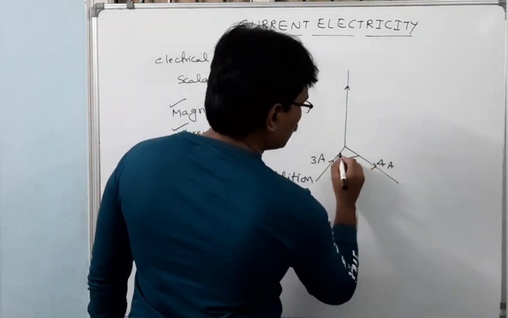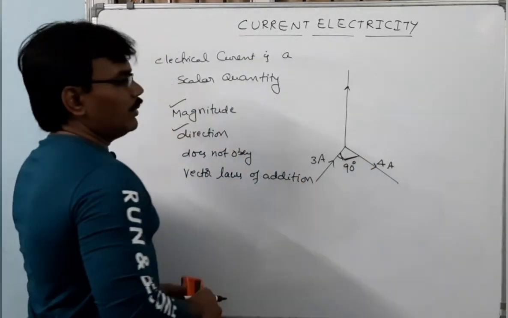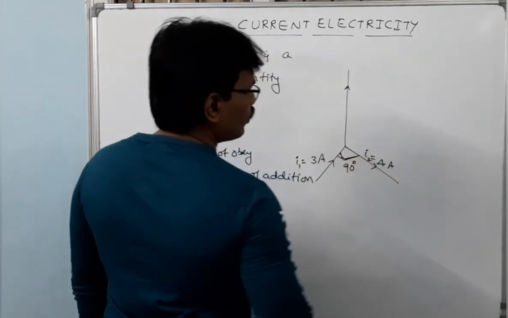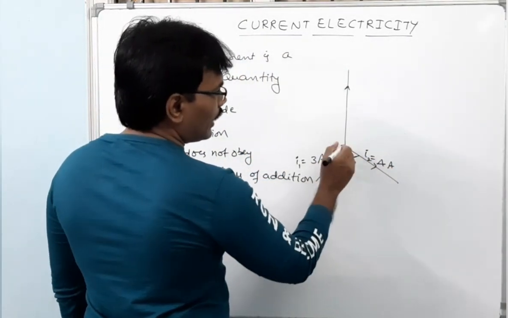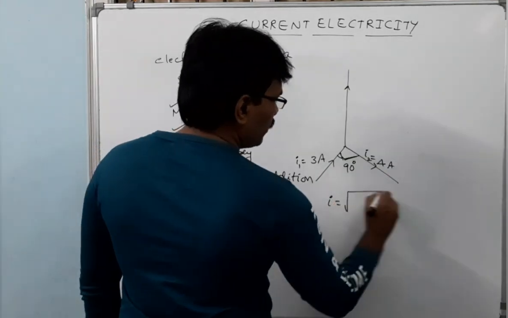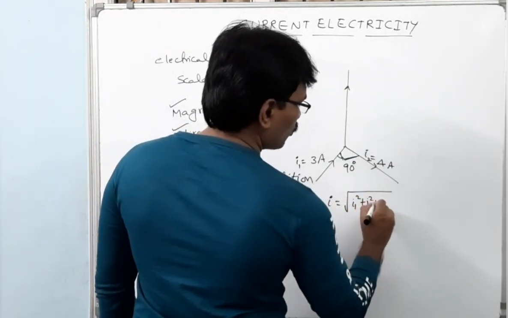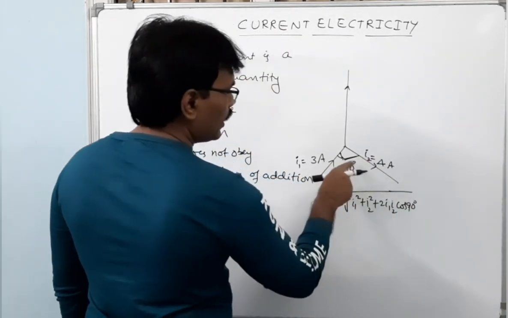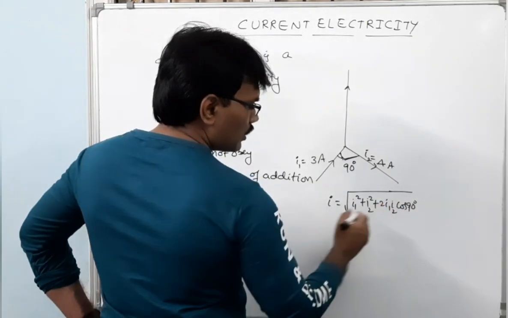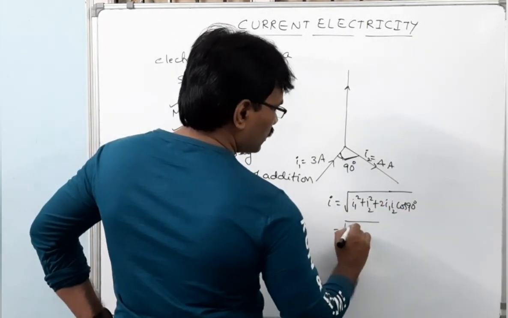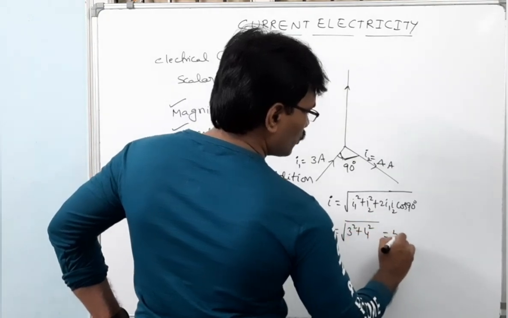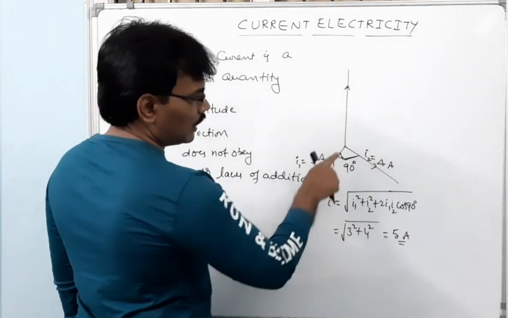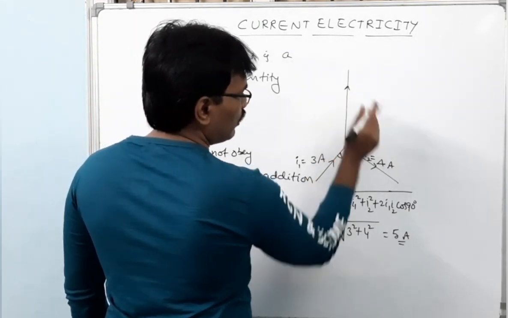According to vector laws of addition, the net current is I1 square plus I2 square plus 2 I1 I2 cos 90, under a root. Cos 90 is 0, so this term becomes 0, and we get 3 square plus 4 square, which gives 5 amperes. So if current followed vector laws of addition, the net current leaving this point must be 5 amperes.